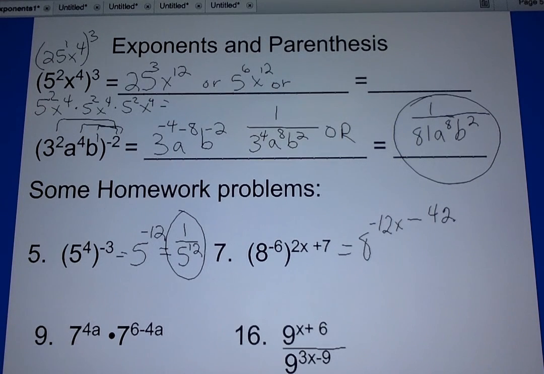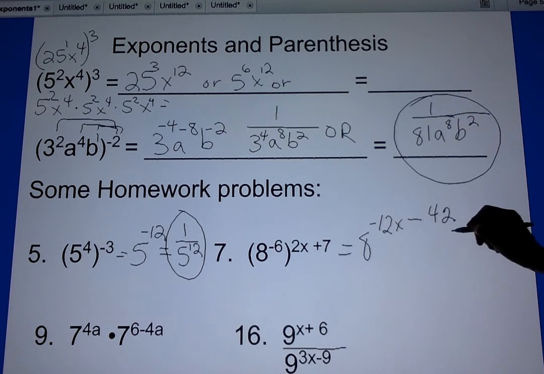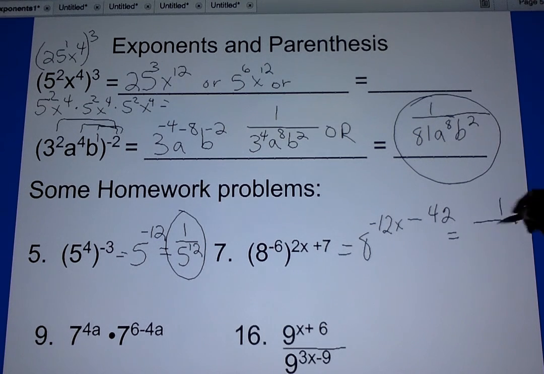The exponent is negative and we don't want to keep it like that. So equals 1 over, we're going to make both of these positive, 8 to the 12x plus 42. That way it's all positive, and there's your answer.